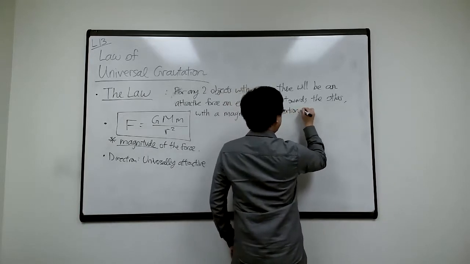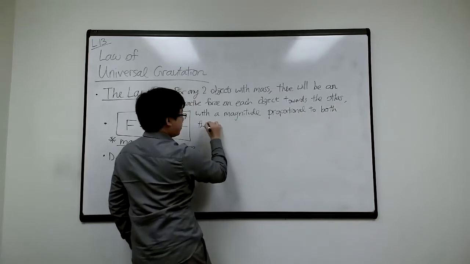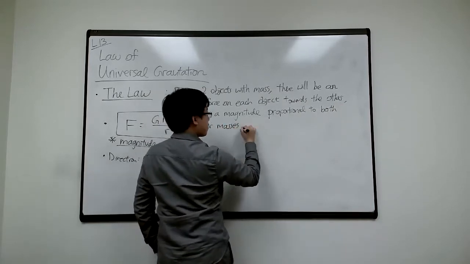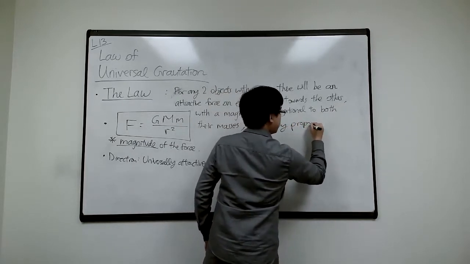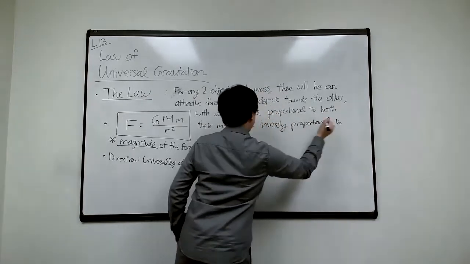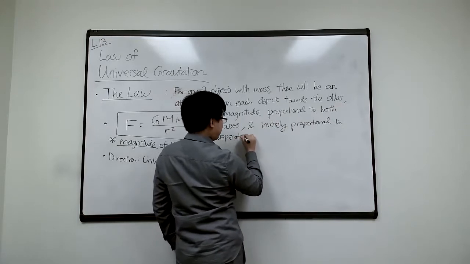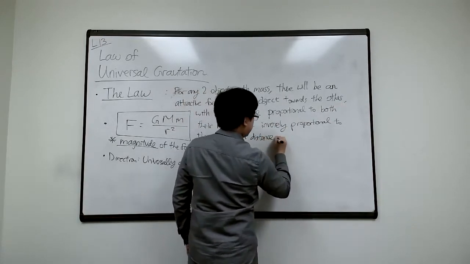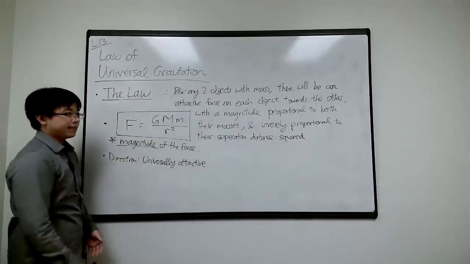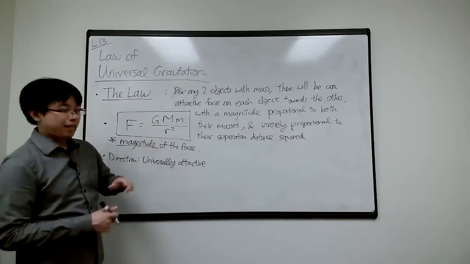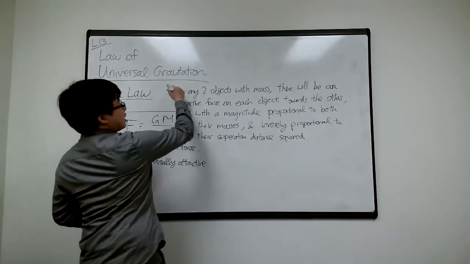Proportional to both their masses and inversely proportional to their separation distance squared, or the square of their separation distance. Sometimes I'll call this the separation, sometimes the distance. So that's the law in words.